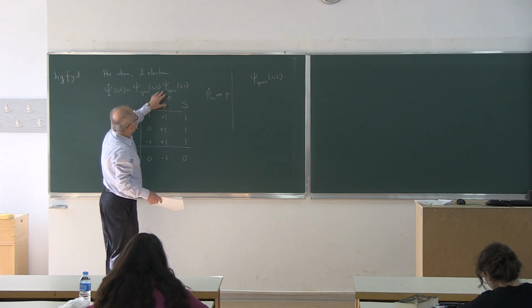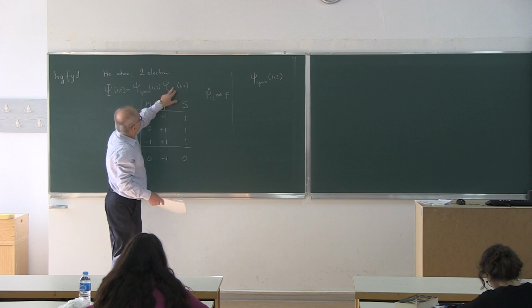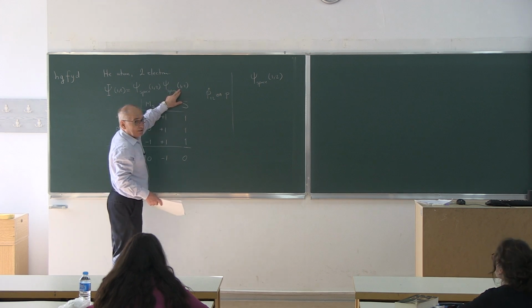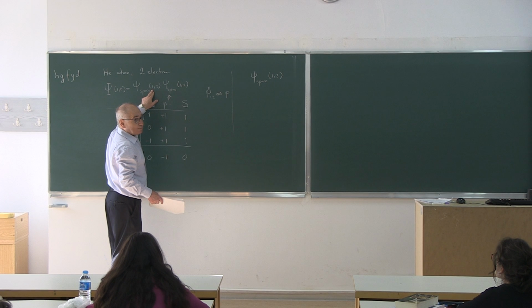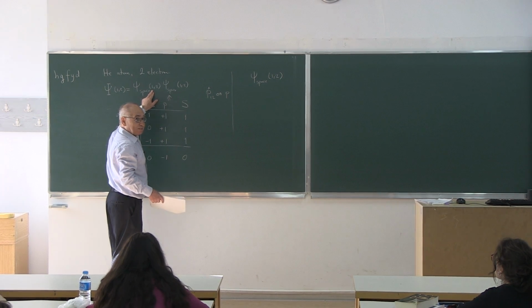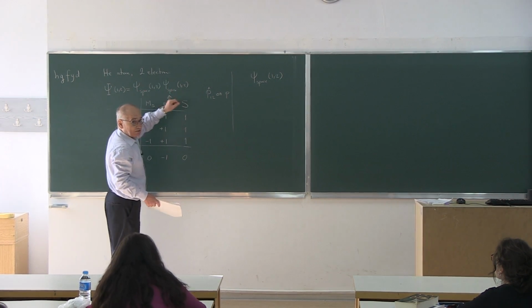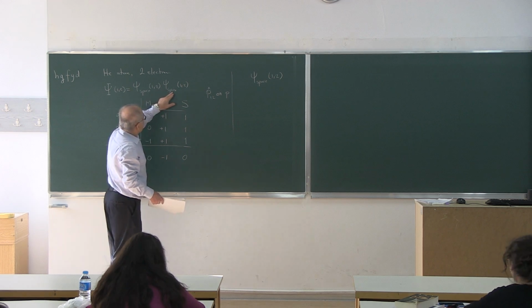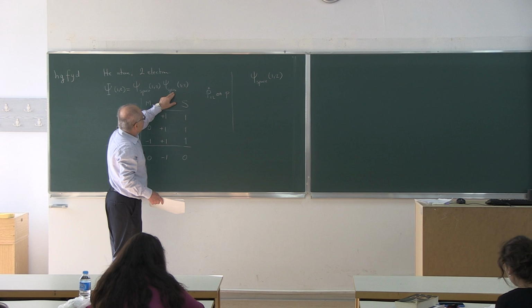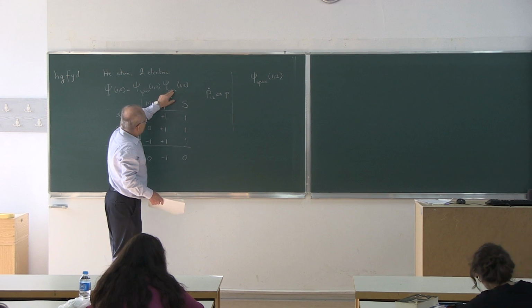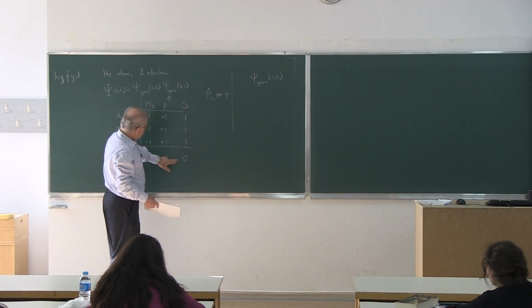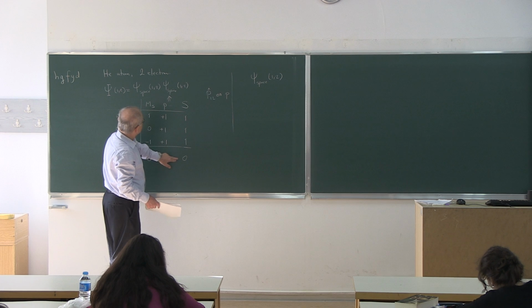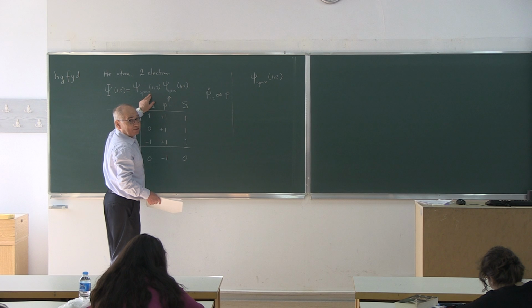And we have discussed that if the spin part is symmetric, then the space part must be antisymmetric so that the total function will be antisymmetric. Similarly, when the spin part is antisymmetric, as in the singlet case, then the space part must be symmetric with respect to electron exchange.